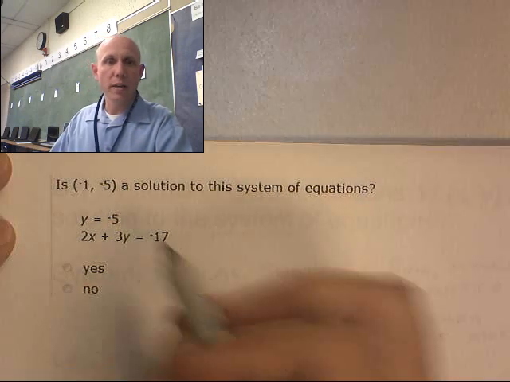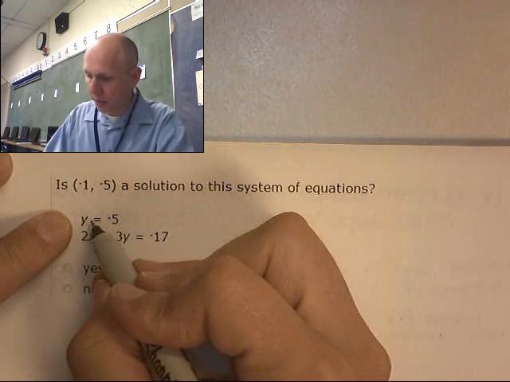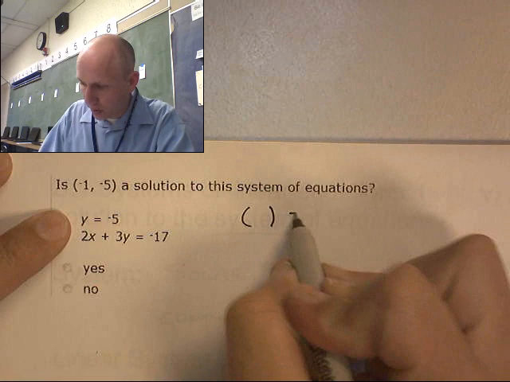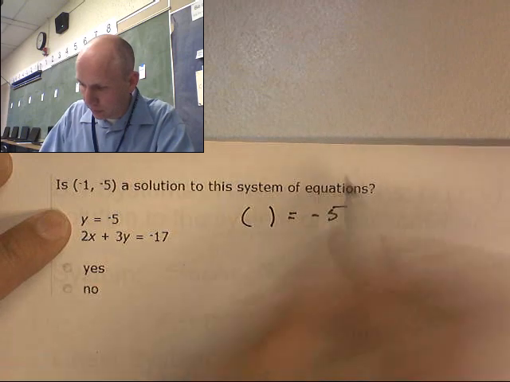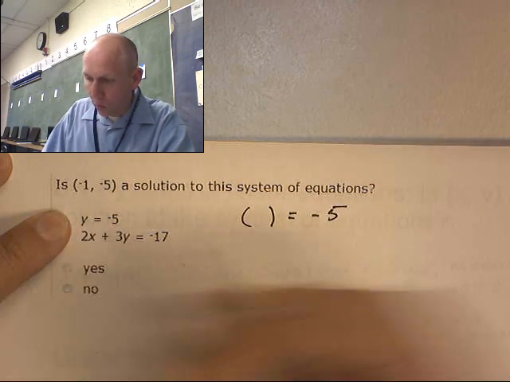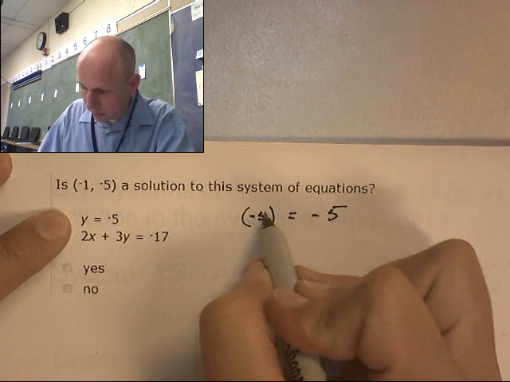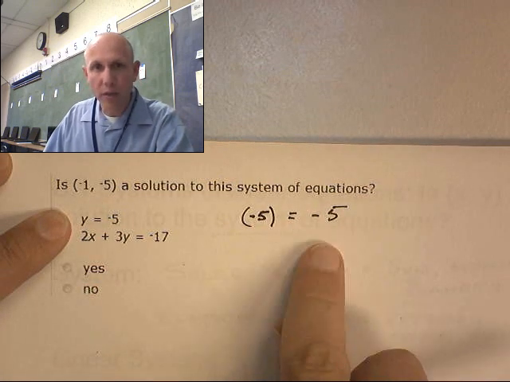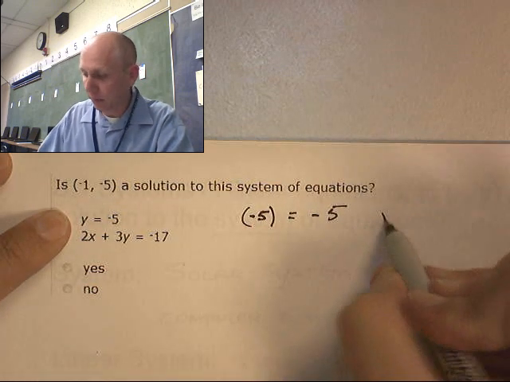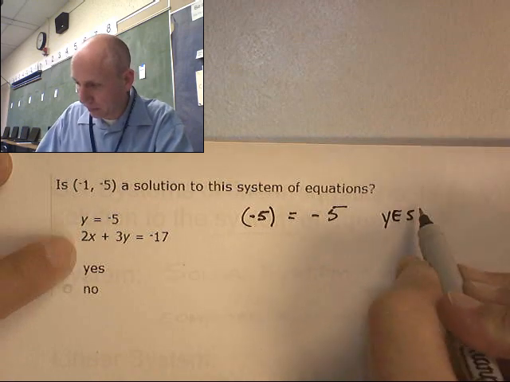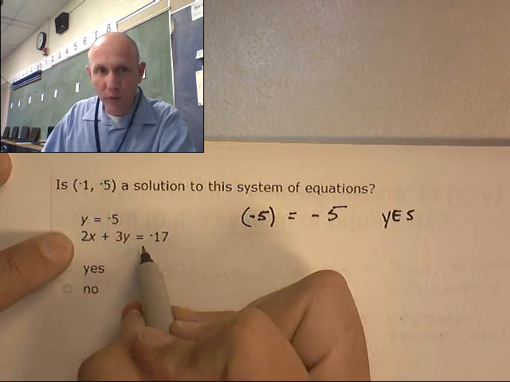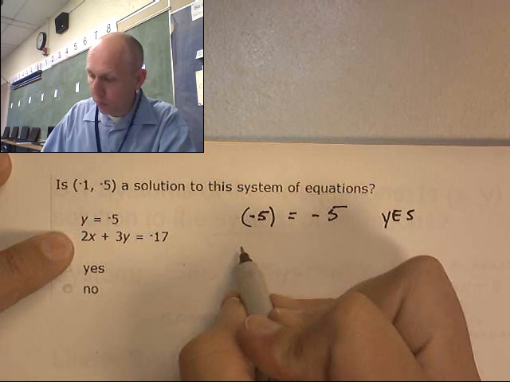Is (-1, -5) a solution? Let's plug it in. I'm going to remove the y and put in parentheses. Now I'm going to put the y right there. Does that work? Is -5 equal to -5? Yes. I'm going to remove the x and the y and put in parentheses.